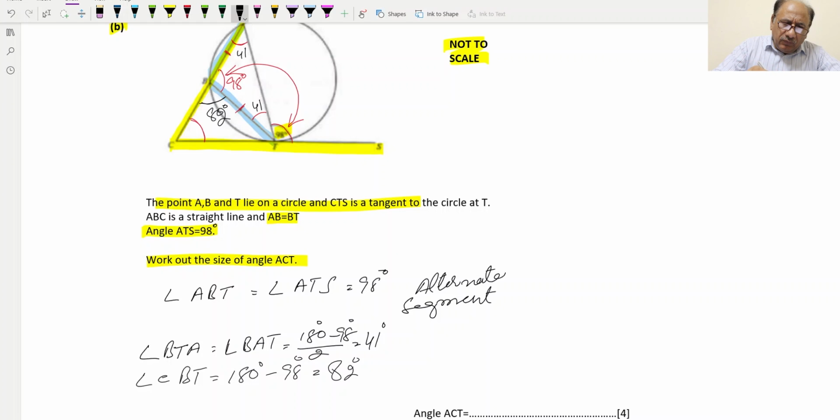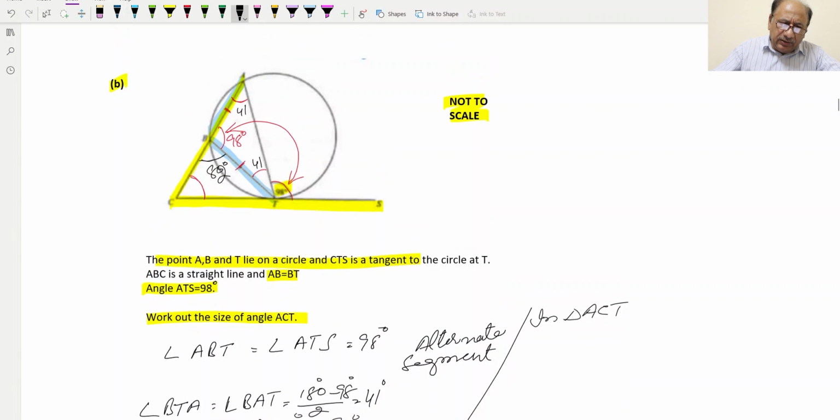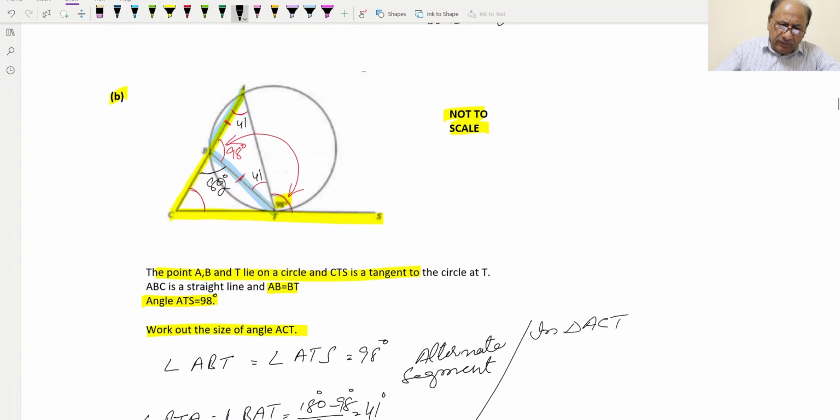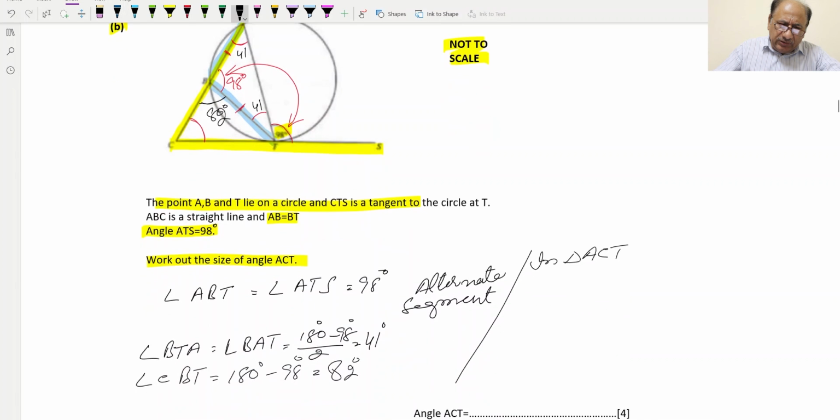And what else can we do? We have this angle in triangle ACT. We have the two angles, CAT and ACT, so we can write angle ATC.